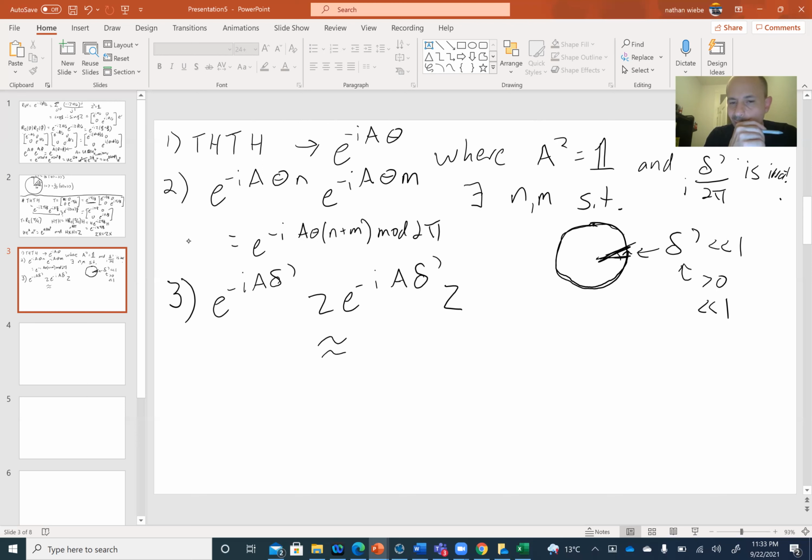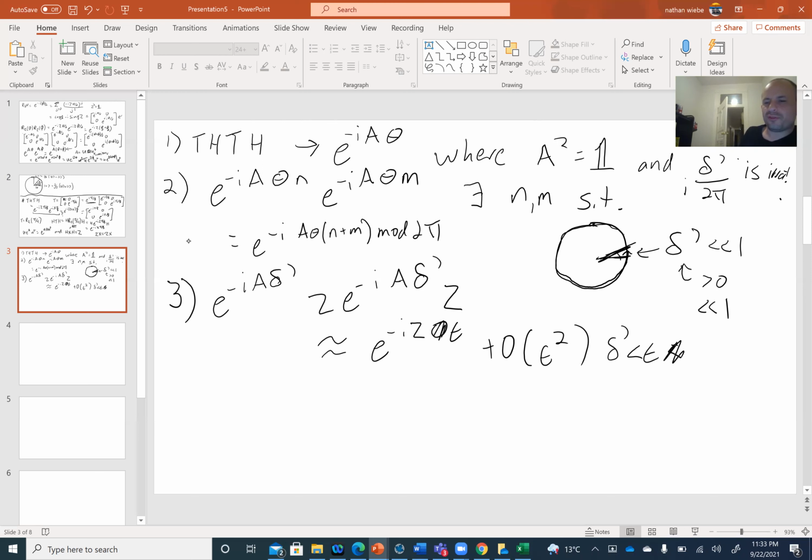Then the result will end up being some angle of the form e to the negative I z epsilon plus order epsilon squared, where epsilon is an upper bound on delta prime. Okay, so those are the steps behind it.